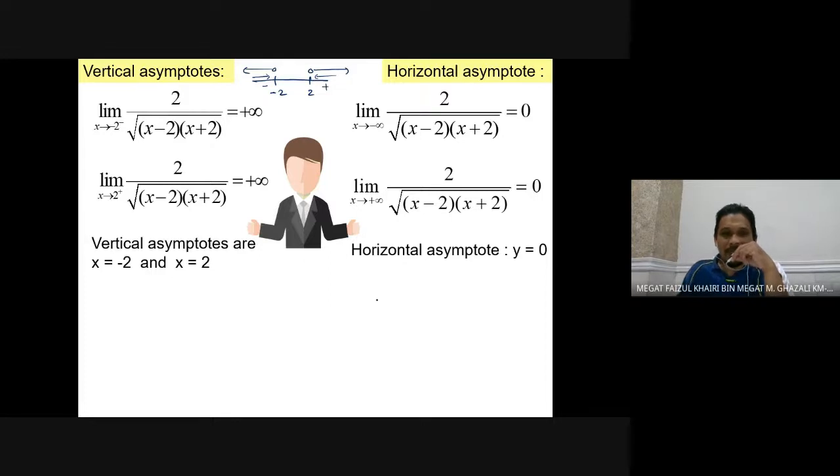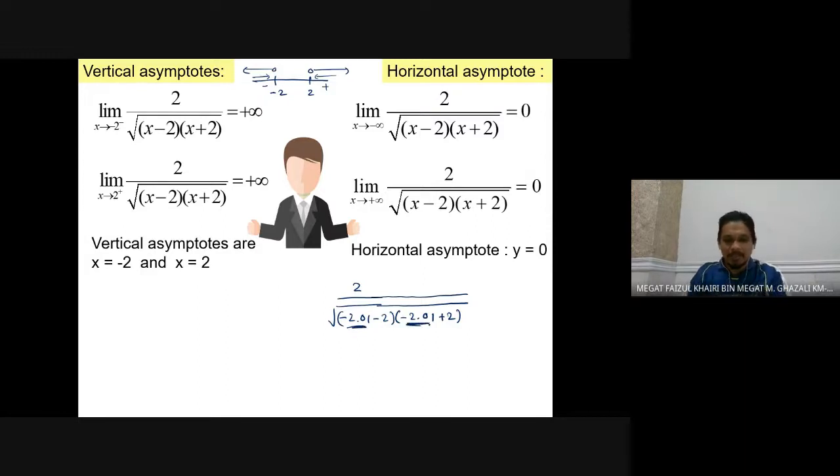So then 2 divided by square root of (-2.01 minus 2) times (-2.01 plus 2). What will we get then for this one? Class, substitute x with negative 2.01 here.